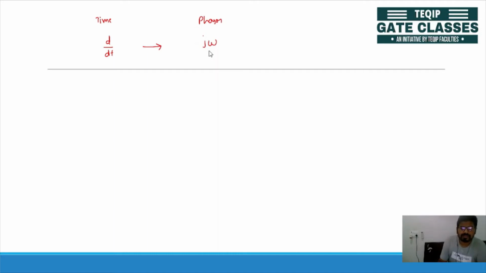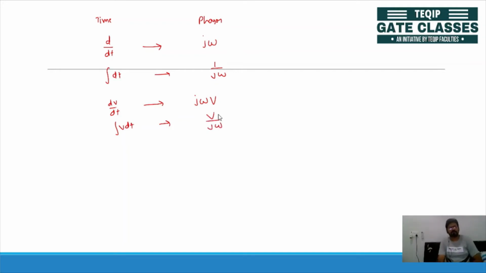And integration dt will become 1 by j omega. Suppose if we are doing dv by dt, then in frequency domain or phasor domain it will become j omega V. And if you are doing integration of V dt, then in frequency domain it will become V by j omega. So you can remember this.